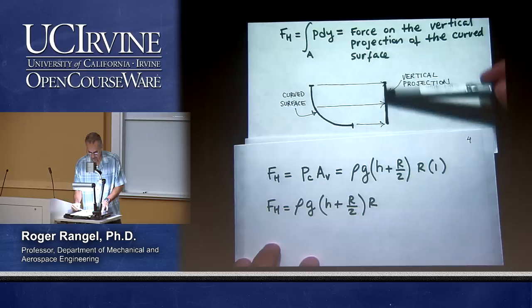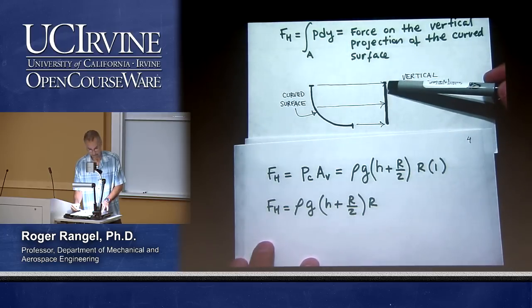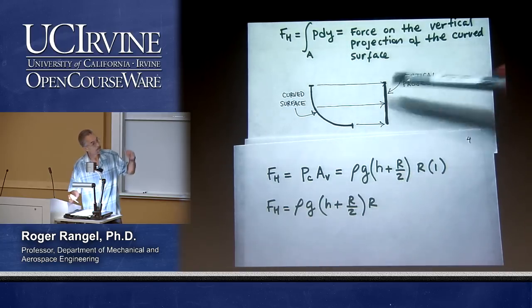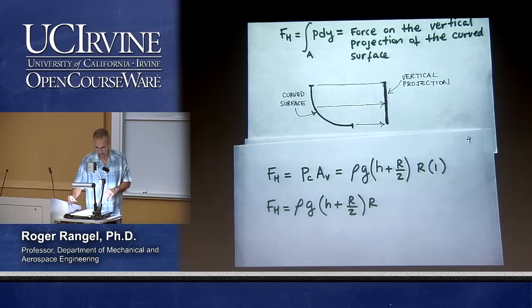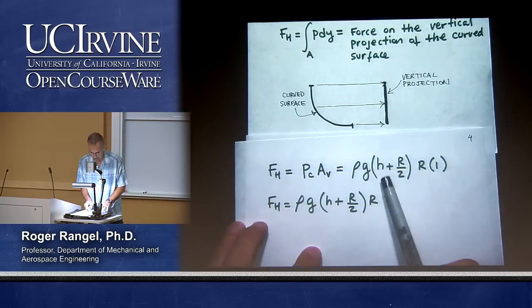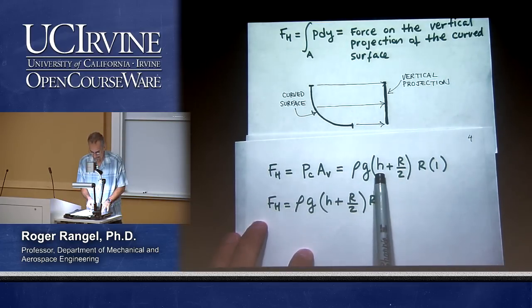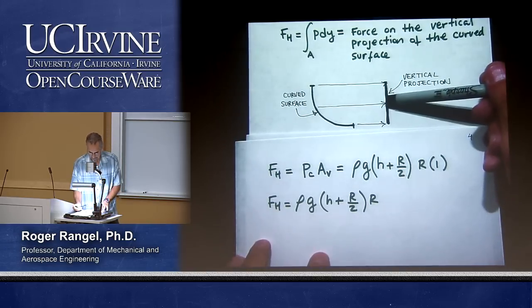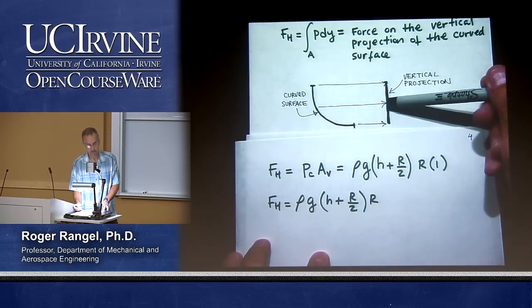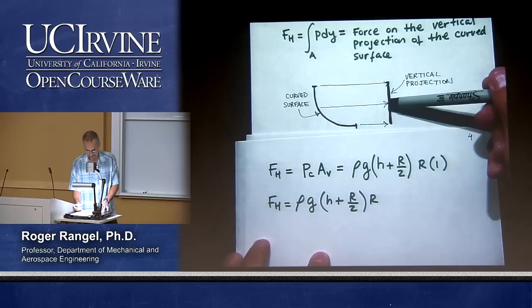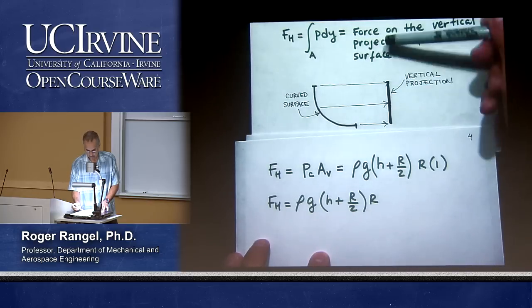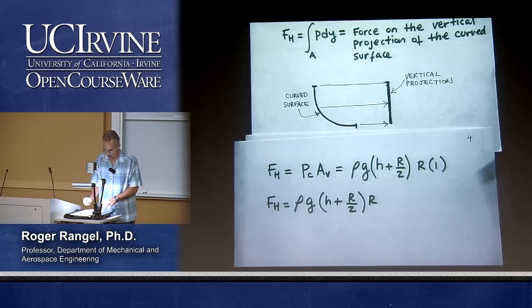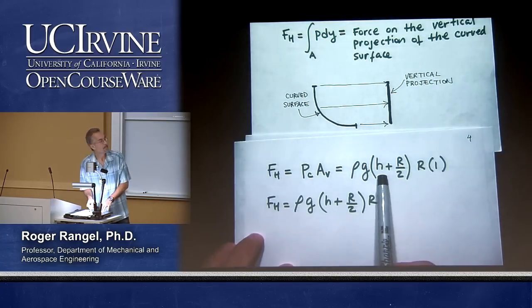And the centroid of such a rectangle is measured from the surface of the liquid. That centroid is located at h plus r over 2, because the centroid is in the middle, at r over 2, but we must not forget that we need the pressure there, so we have to measure the distance to the centroid from the surface of the water, and that's why this h gets added.